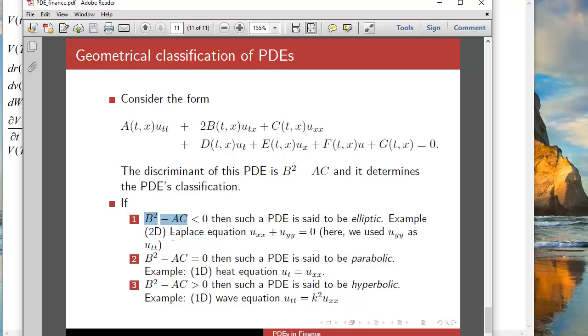An example of an elliptic equation might be the Laplace equation, which is generally written in this form. I don't think it needs more explanation. But the key thing is that it has second order partials here.